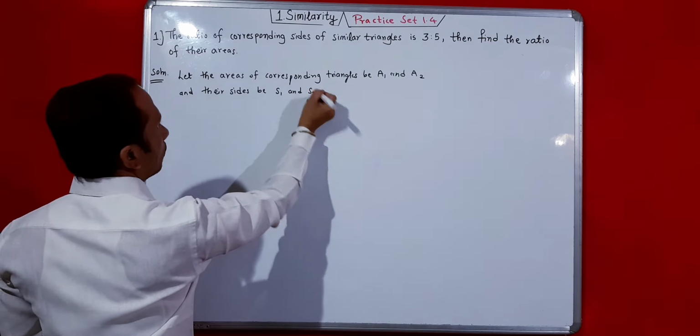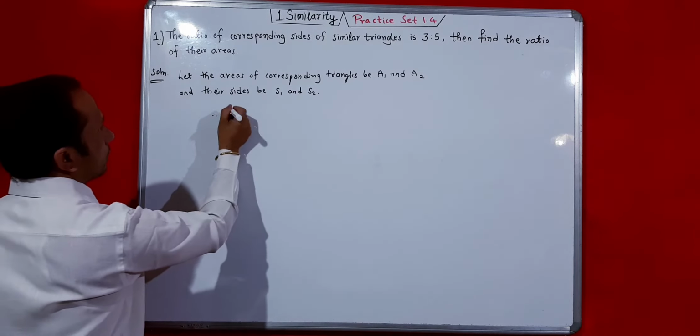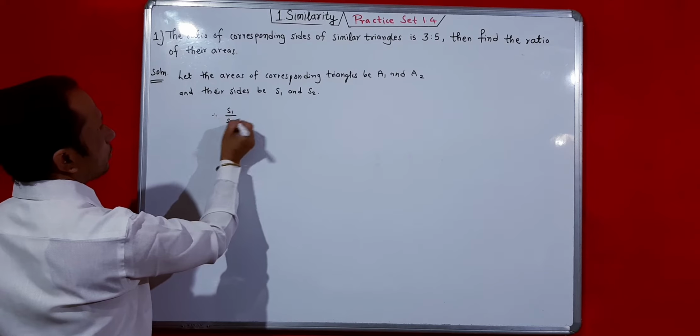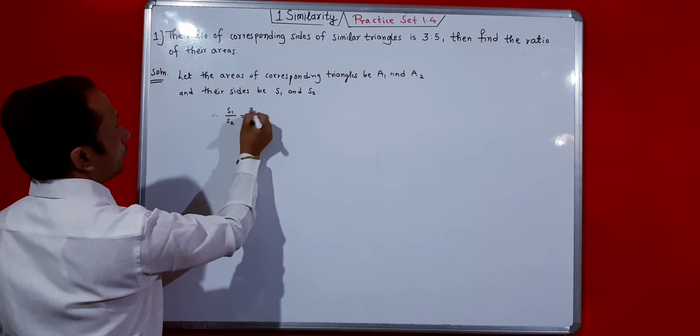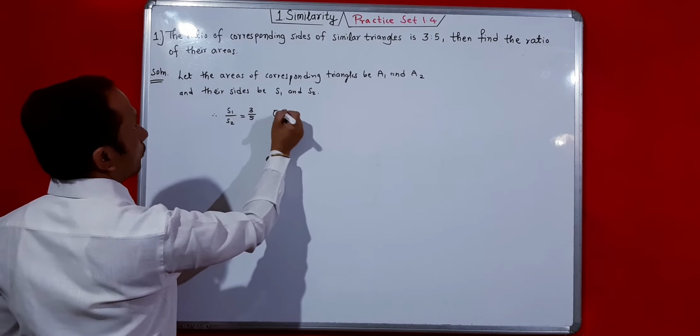What is given: S1 upon S2 is equal to 3 by 5, it is given.